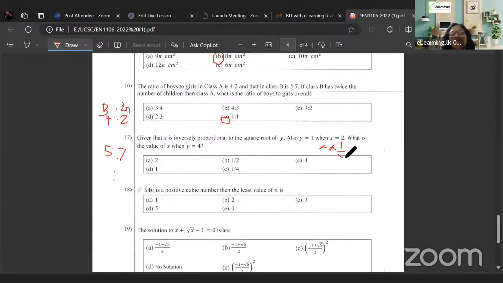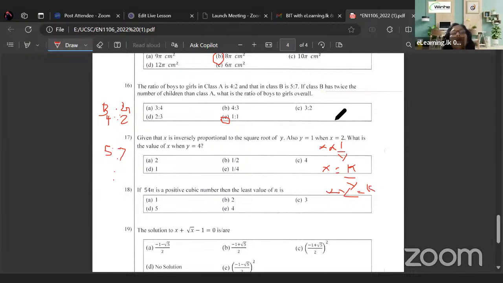So this part you can write x equals k divided by y, or else xy equals a constant k, right?